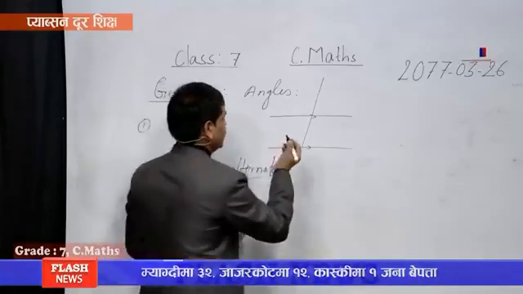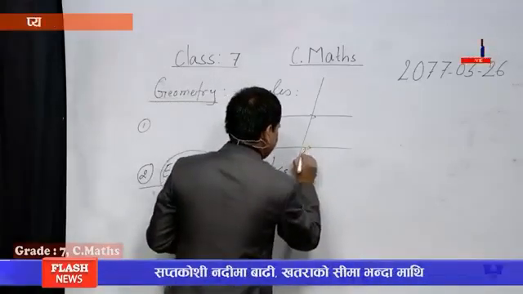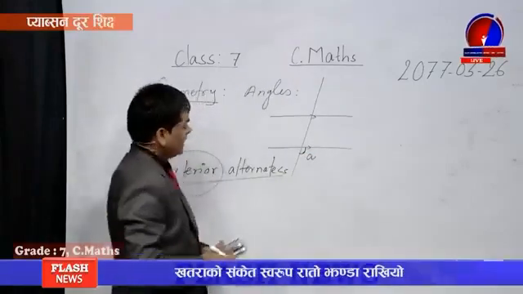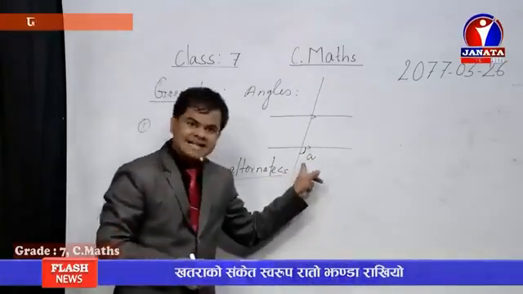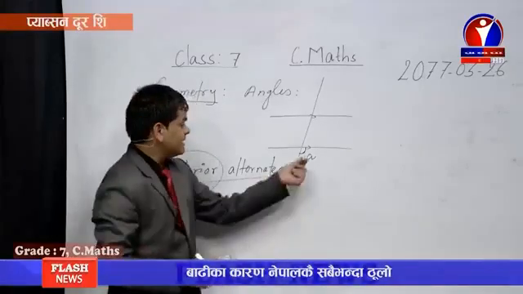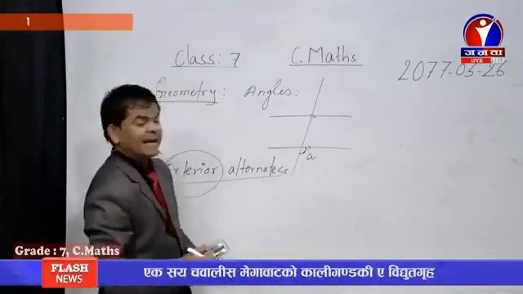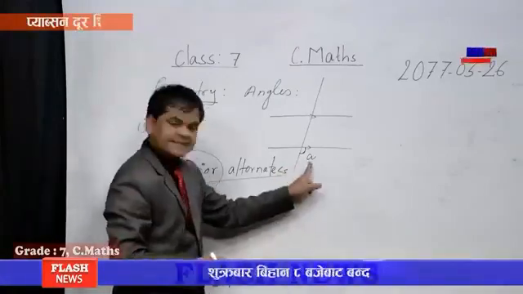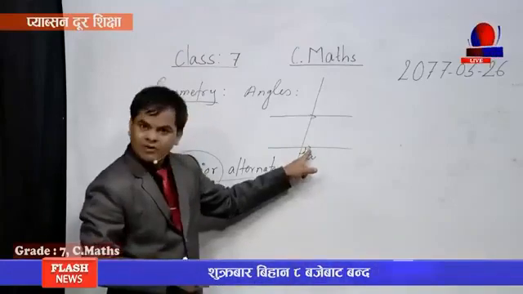If you see here, one angle with respect to this, I have named as A. Now which one will be the exterior alternate angle to A? Exterior alternate means A is outside of the lower parallel line.